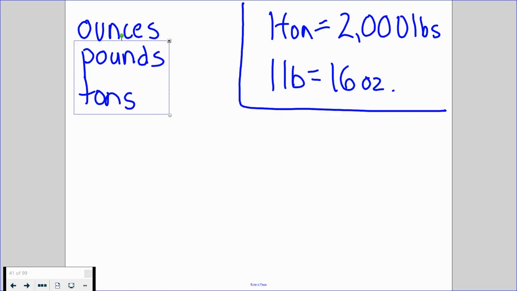The other thing that you could do is have this video on a tab and open up your work in a different area, or just even pause this video right at this moment. Okay, obviously I want you to keep listening so we can practice, but come back to the video, pause it at this moment, and you have your conversions chart right in front of you. Okay, so 1 ton has 2,000 pounds and 1 pound has 16 ounces. We're going to need to remember that today.